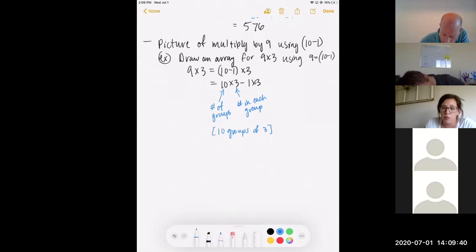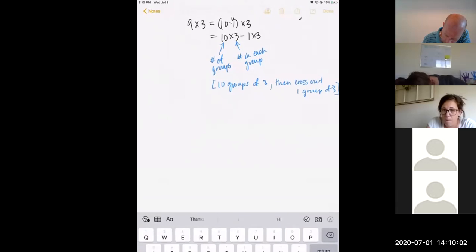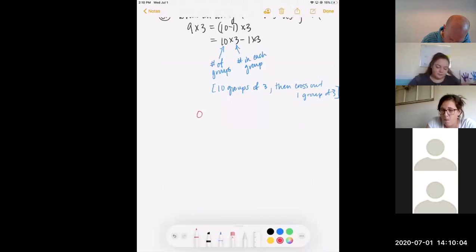And then the subtraction part is we're going to take away. I'm going to use crossing out: cross out 1 group of 3. That's what the 1 times 3 means. So we're going to do our picture. 1, 2, 3.